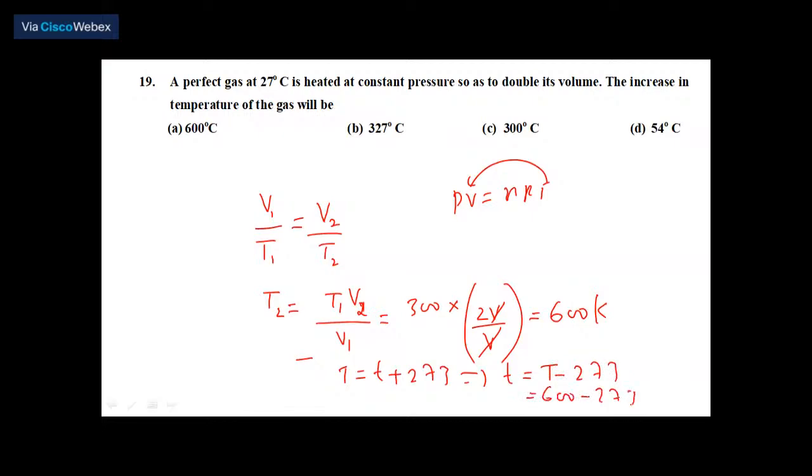You have to observe the units carefully. Yes, you're right. 327 degree Celsius is correct. 600 minus 273 is 327. So option B is correct. Option B. With this, I'll end the session for the day. Thank you.